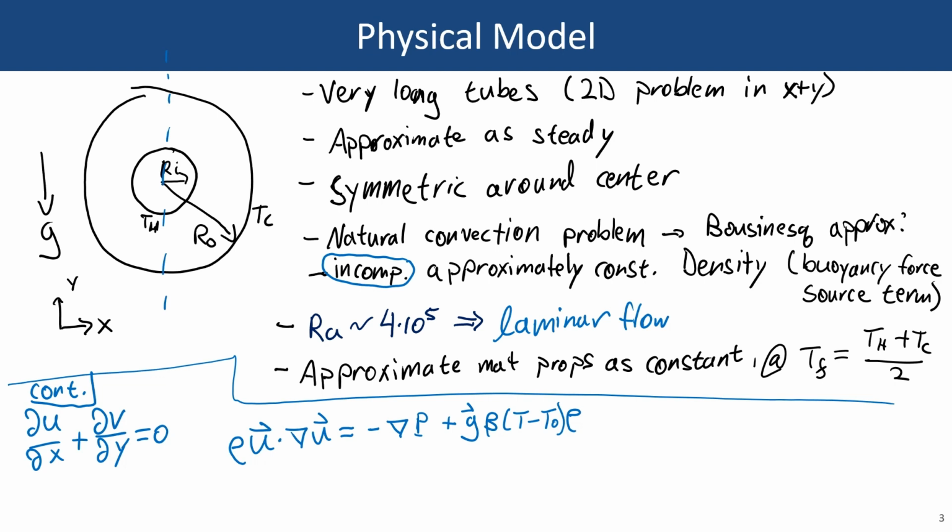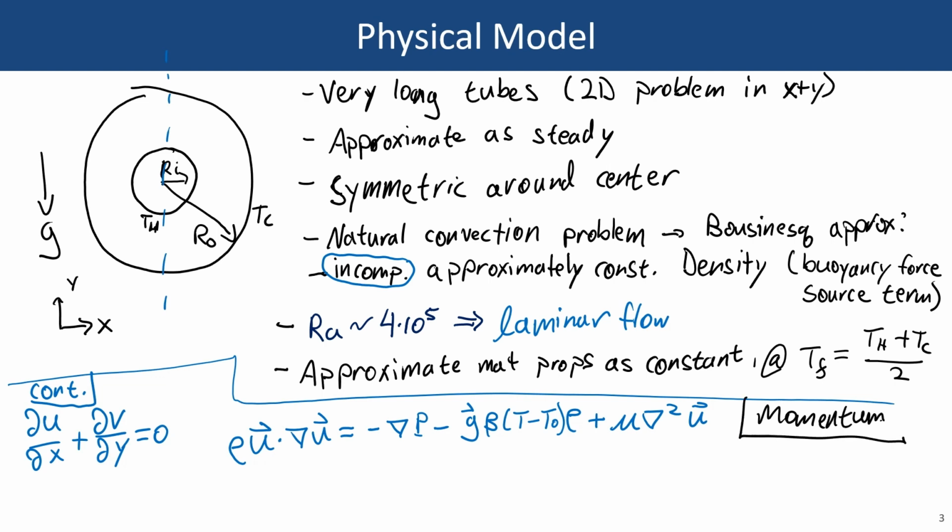And this should be negative. In other words, where the fluid is hotter, you'll have a lower density fluid and a force pointing against gravity. And then we have the viscous term, mu times del squared of u, in vector form in the xy direction. So that was our momentum equation.